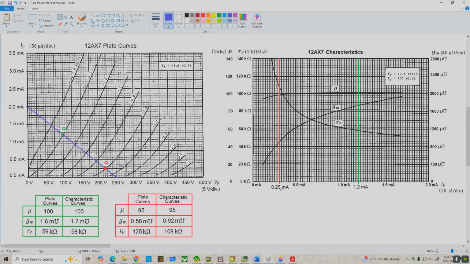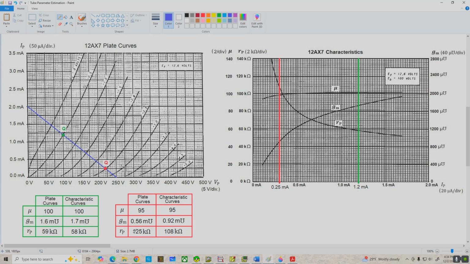So if we keep going up, we have a mu value that's a little bit less than 100, say 95, and that agrees well with the value that we estimated from the plate curves. And finally, our RP value works out to be about 108k ohms on this graph. Again, we'd read it from this scale.